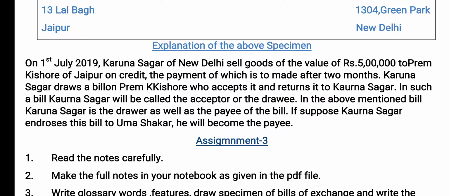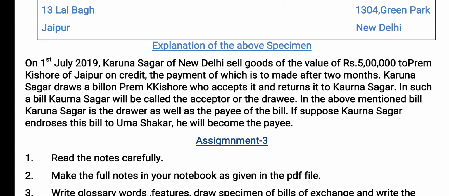So what will be done? Karuna Sagar will make the bill of exchange and sign it, and after signing he will send it to Prem Kishore, and Prem Kishore will accept it and sign it and return it to Karuna Sagar. So in this case Prem Kishore is called the drawee and Karuna Sagar is called the drawer.